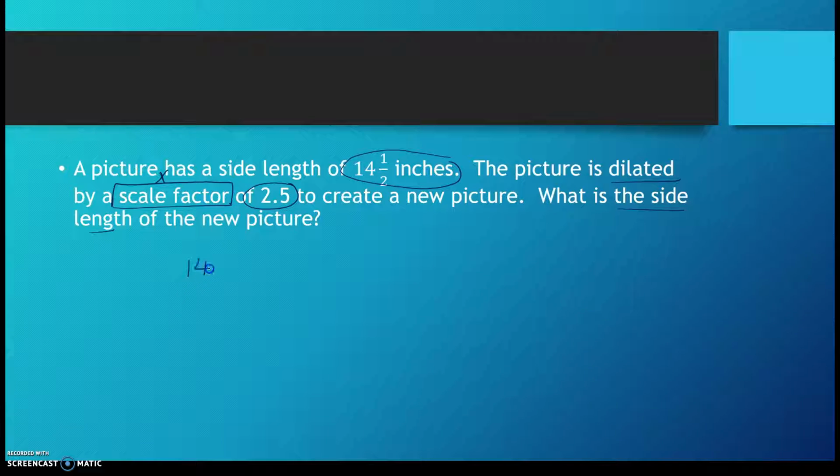So it's 14.5, which I like decimals, and a scale factor of 2.5. So you just multiply by your scale factor. 5 times 5 is 25, and so on, giving 36.25 inches. Bam!